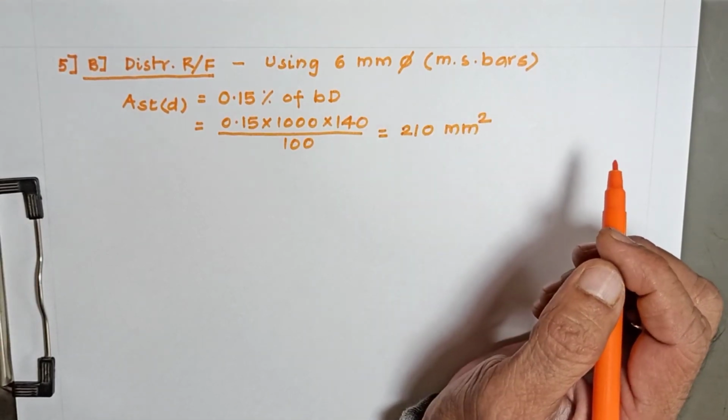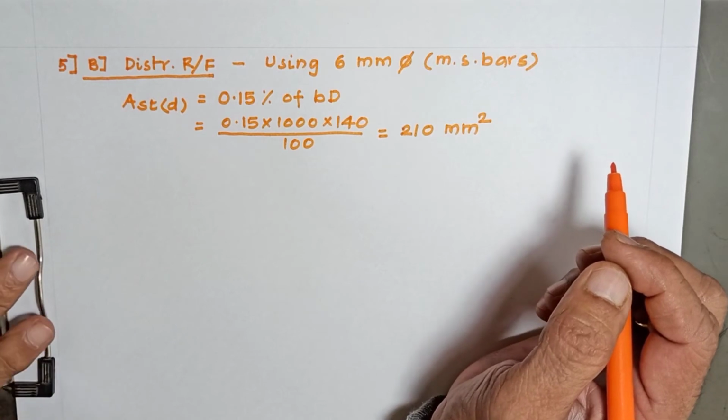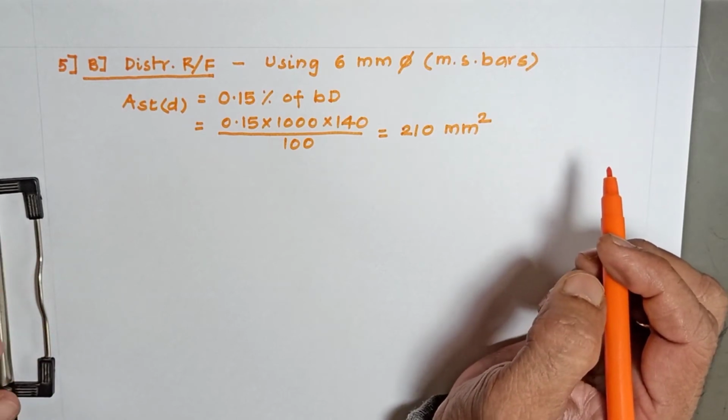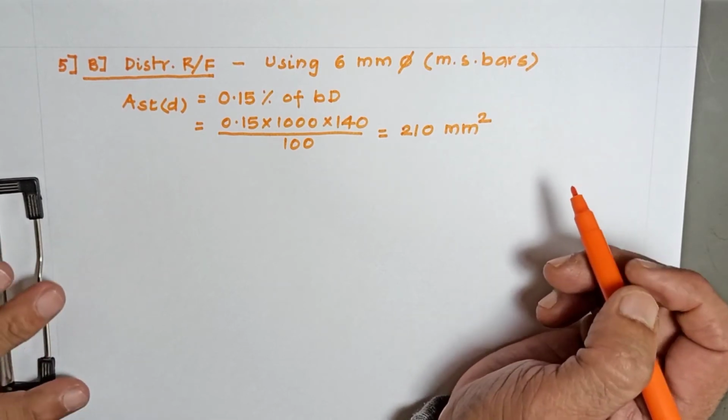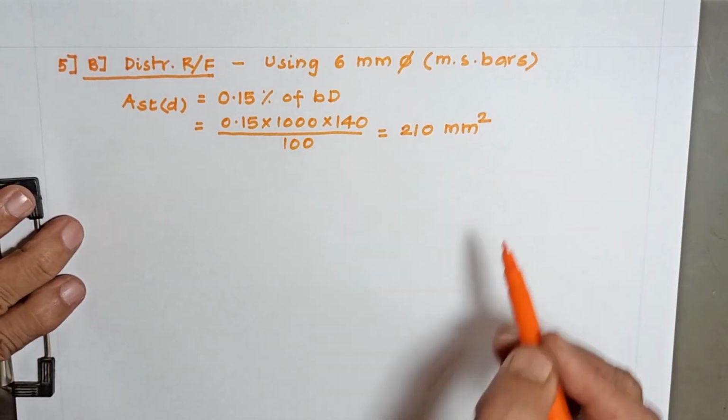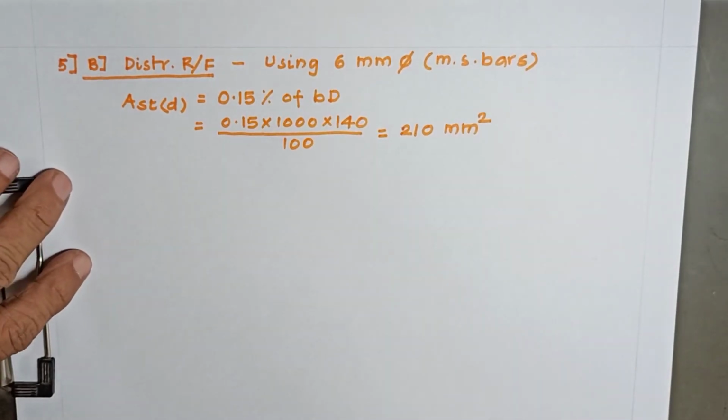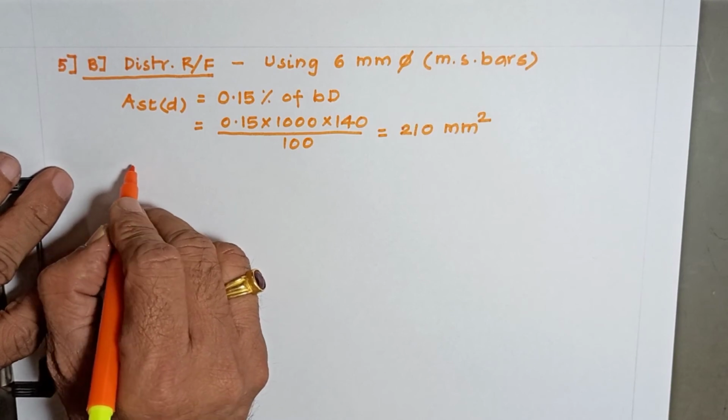Now this is the area, 210 mm square. Now what is the spacing?